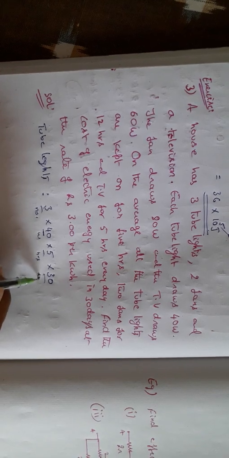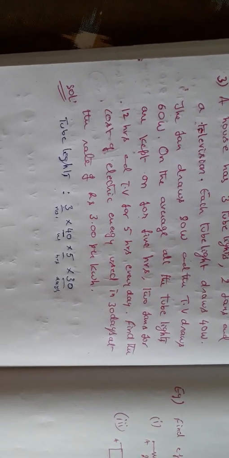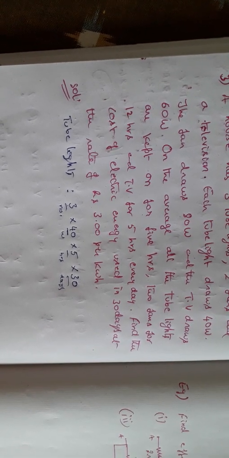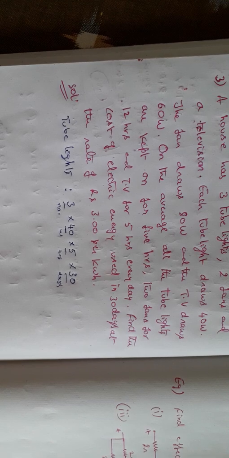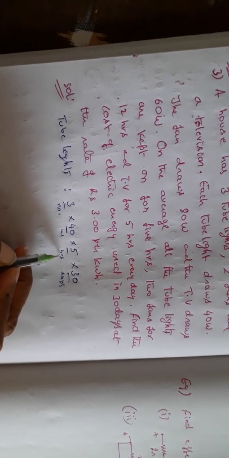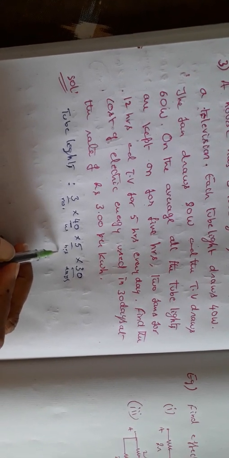Number of tube lights, and then this is hours, and this is days. So this gives the consumption. You'll be getting the answer in joules, is it not? Right. So watt means joule per second. Hours means 60 into 60 seconds, is it not?